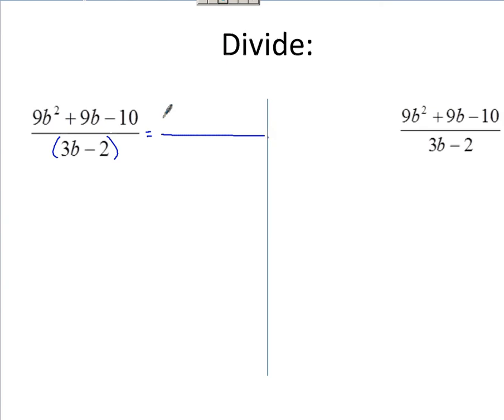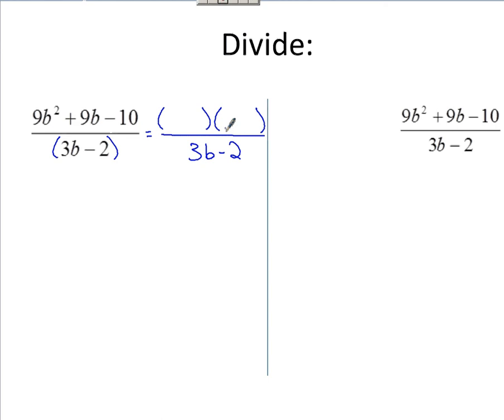If you try factoring the numerator, break up this quadratic. Well, let's think about this for a minute. The 3b minus 2 on the bottom is going to be unchanged. And for this to work out nicely, it'd be really convenient to have a 3b minus 2 up here, right?